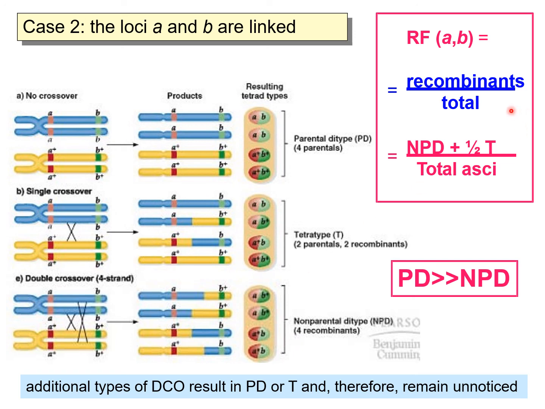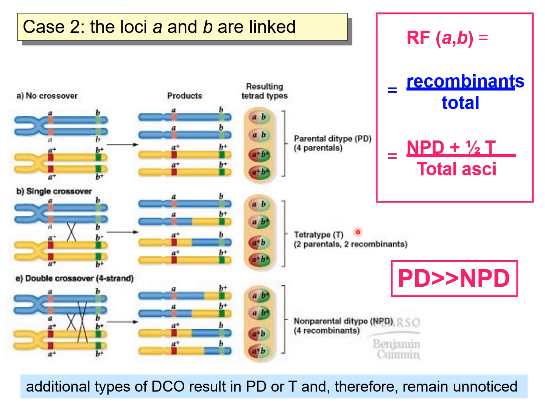Now let us see, if we want to find out the recombination frequency between A and B, what is the formula? The number of recombinants divided by the total number. The number of recombinants means NPD, non-parental ditype, plus one half of tetratype. Why one half of tetratype?